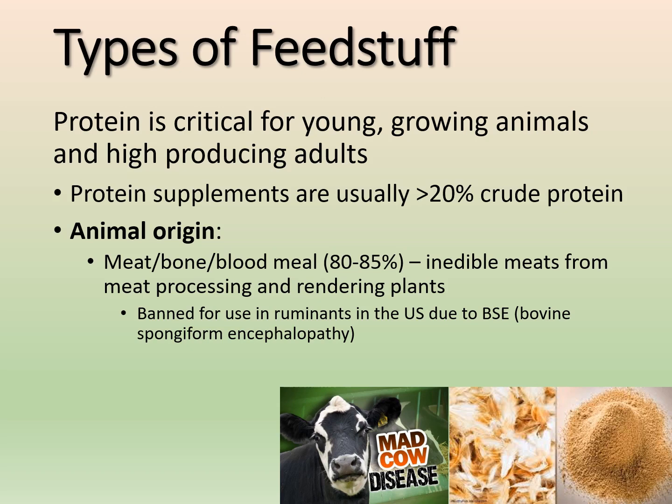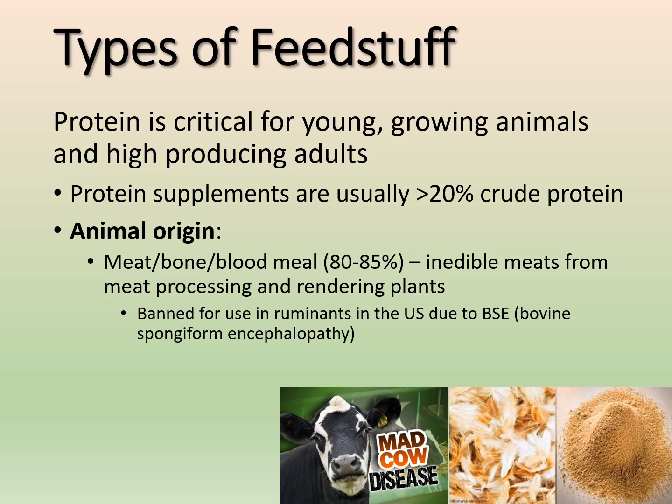So our meat, bone, blood meal, these guys are very high crude protein. And they come from the inedible meats, so from the meat processing plants, the rendering plants, anything that is not used in the human world, human consumption.